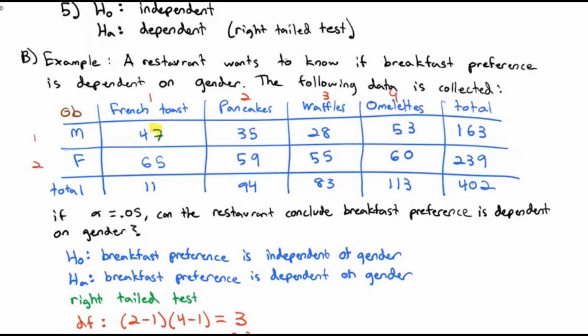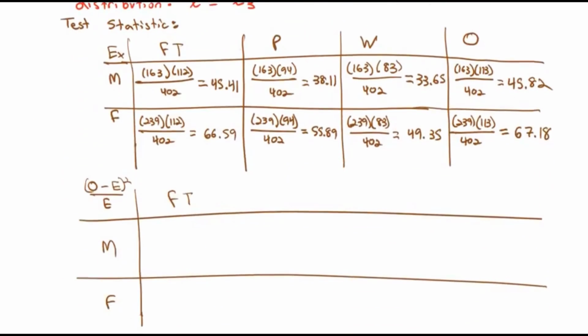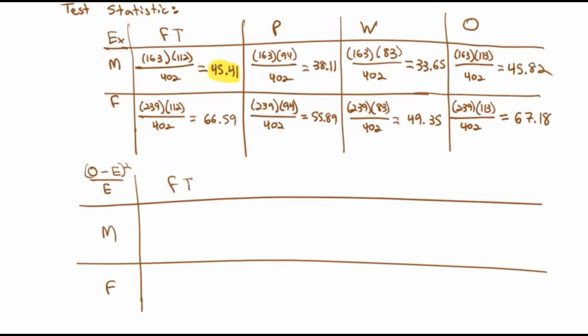Highlighted in yellow here, our first cell had an observed value of 47, an expected value of 45.41. So plugging that into our formula, the observed value of 47 minus the expected value of 45.41 squared divided by the expected value of 45.41, that equals 0.06.